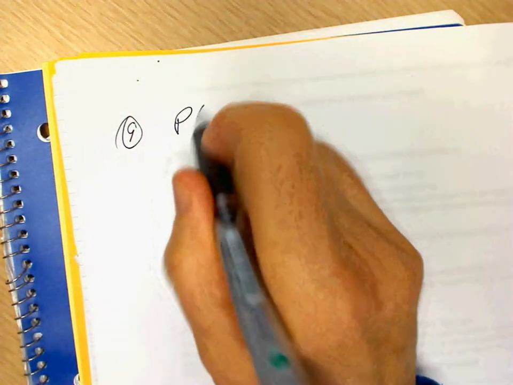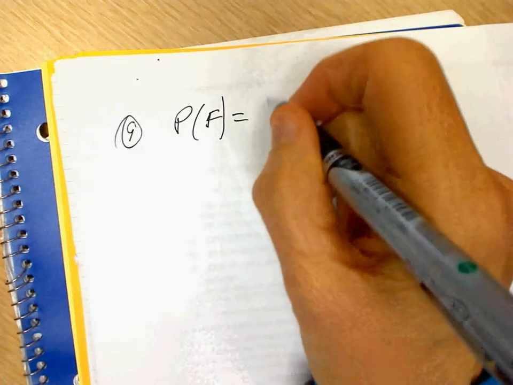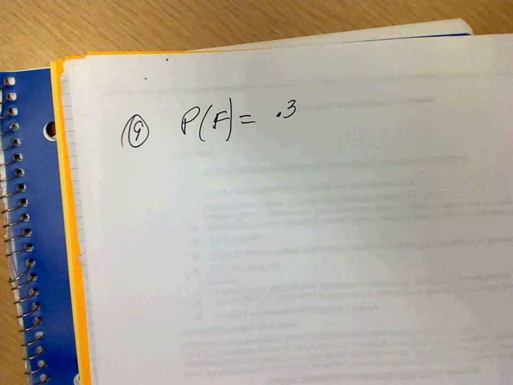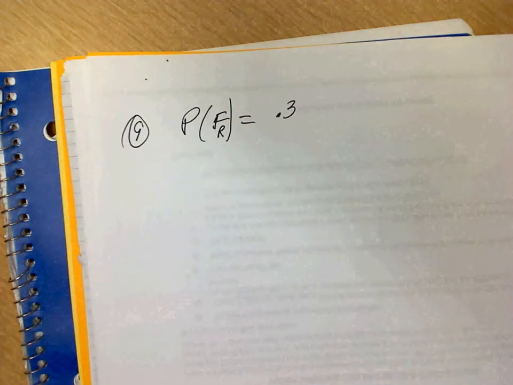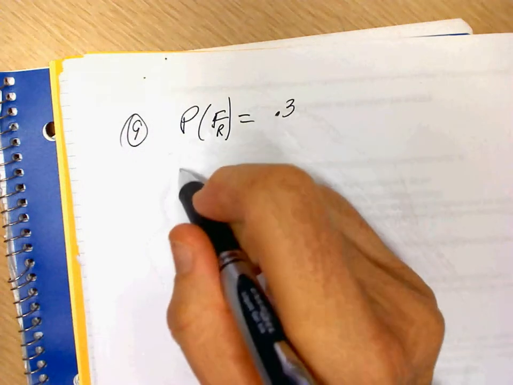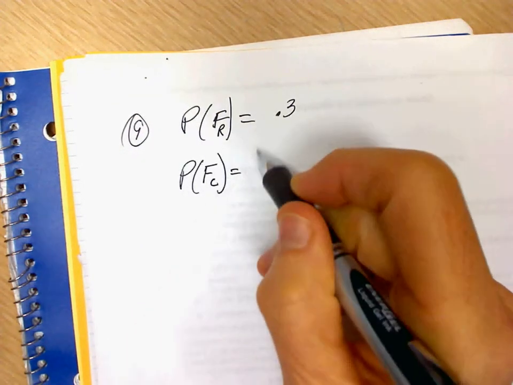So he's going probability of face, his boastful 0.3. What odds would you give him based on calculated probability? So probability of a face card calculated, how many face cards are there?